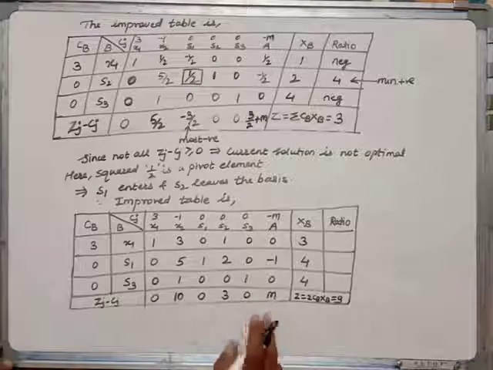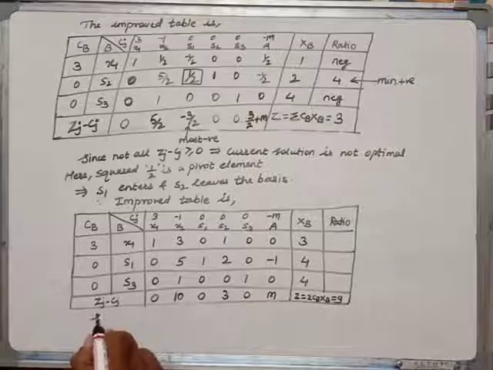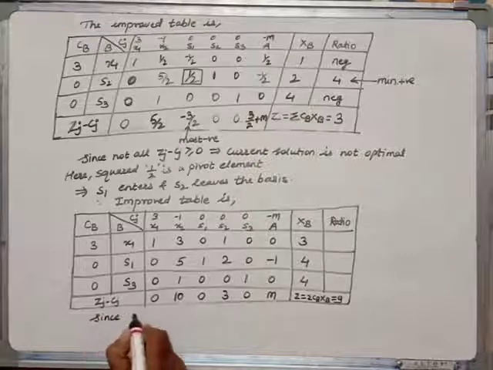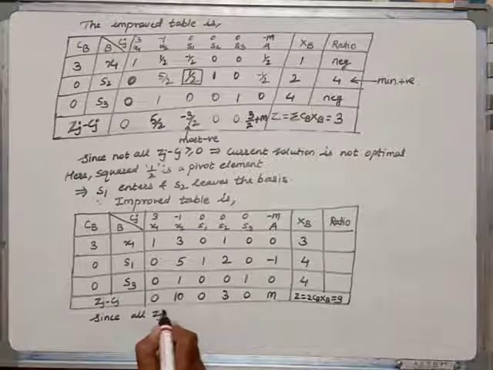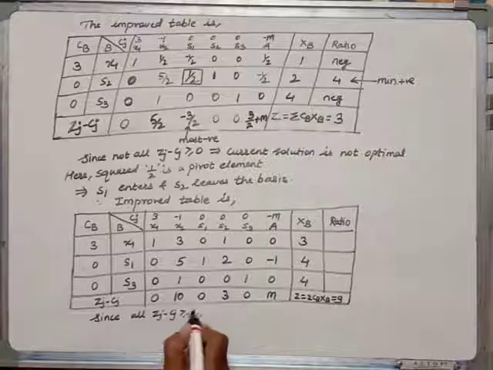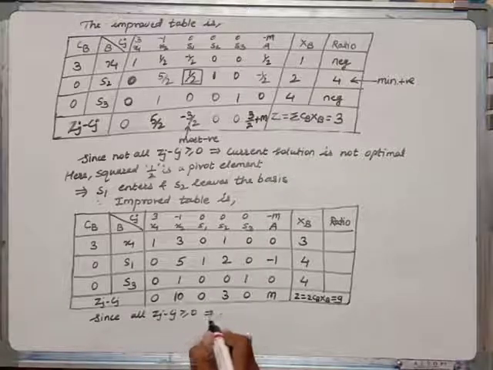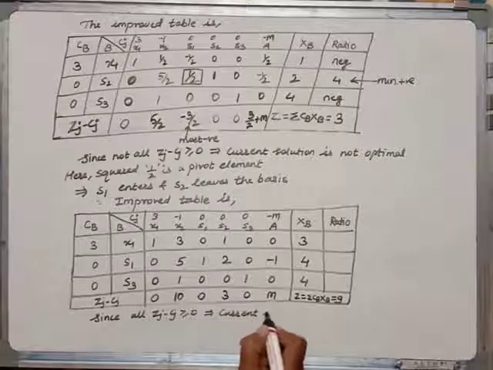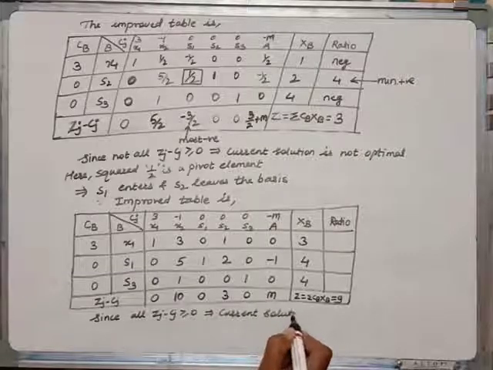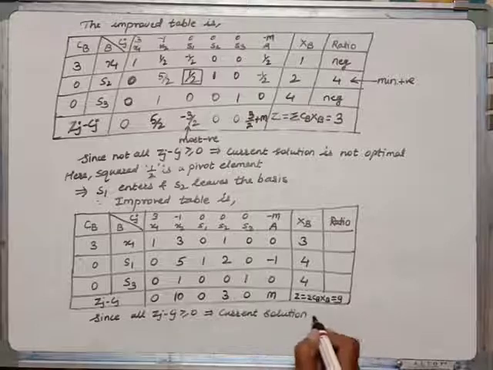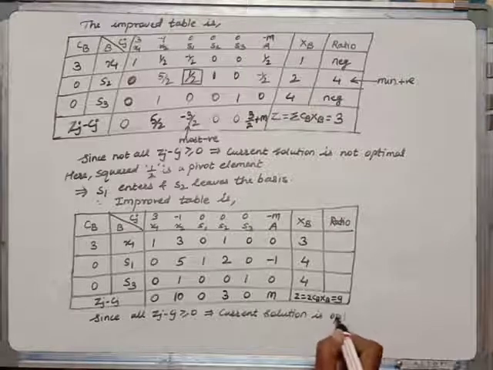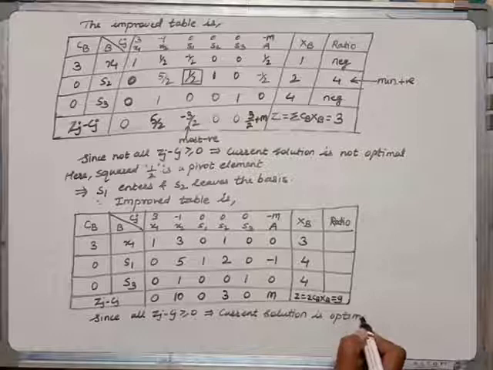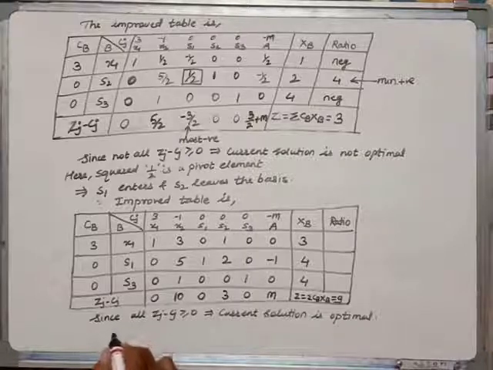Now all Zj minus Cj are greater or equal to 0. M is positive, we know. So since all Zj minus Cj are greater or equal to 0, this implies the current solution is optimal. And what is that optimal solution?